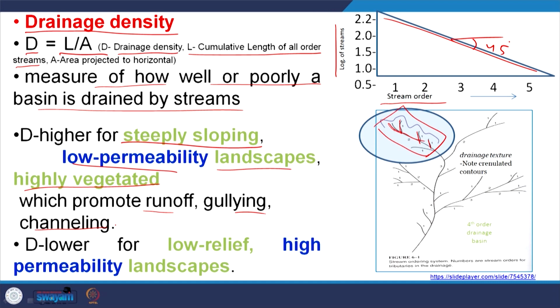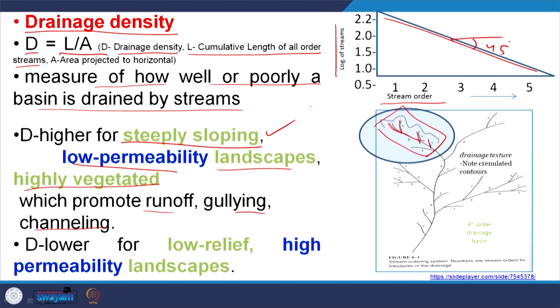Steep slope, because from earlier classes on slopes, we know steeper slopes create more drainage, but the drainages are shorter and the number of streams will be more. So, as the number of streams is more, their lengths accumulate, and finally we come to a higher total length.